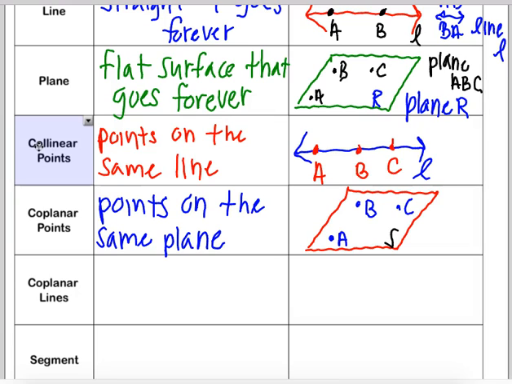Okay, coplanar lines, I bet you know what it means. Lines on the same plane. Okay, so again, let's draw a plane.